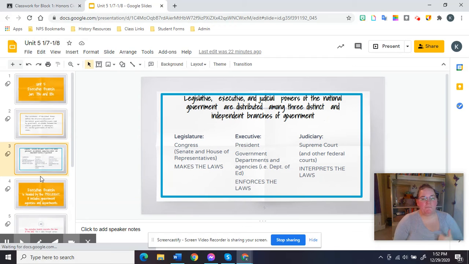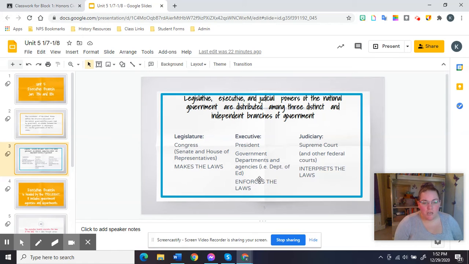Now in the federal government, the legislative, executive, and judicial powers of the national government are distributed among 3 distinct and independent branches of government. The legislative powers belong to the legislature, which includes Congress, the Senate, and the House of Representatives. They make the laws. The executive powers go to the executive, which is the president, but also includes those government departments and agencies like the Department of Education and the FBI.